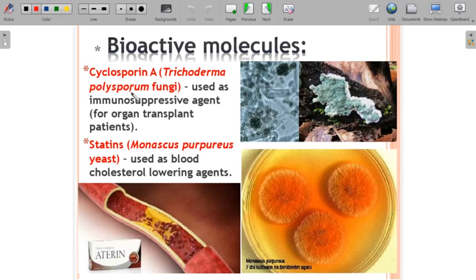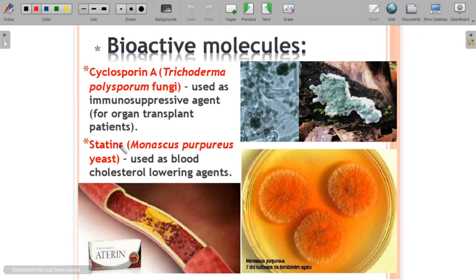When your immune system is suppressed initially, the organ can be accepted. Even if you make a successful organ transplantation with all the parameters of blood matching and tissue matching proper, there is still a chance that the foreign organ can be rejected by your body. For that, we use a drug called cyclosporin A, obtained from the fungus Trichoderma polysporum. It is used as an immunosuppressive agent.